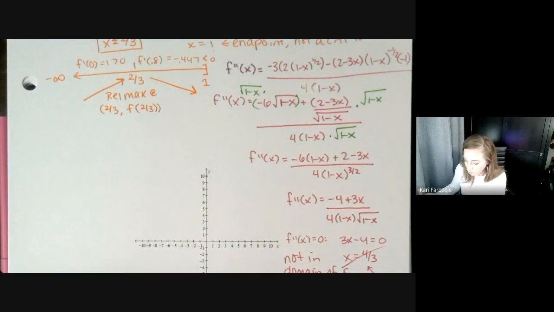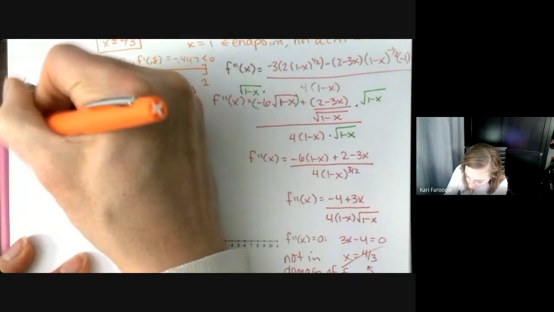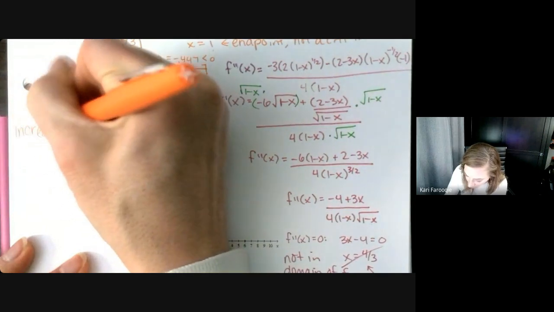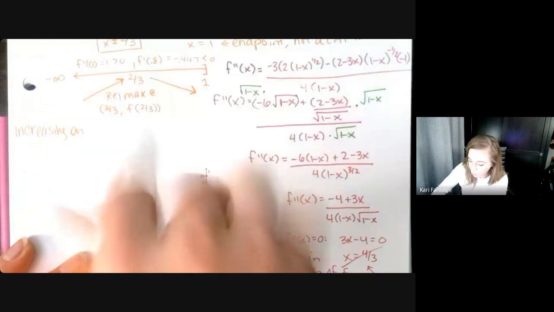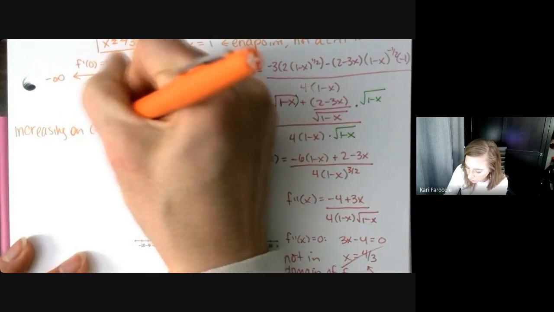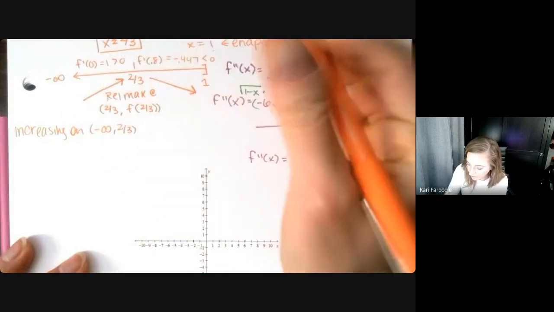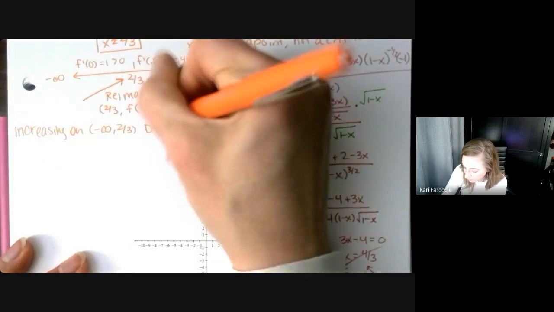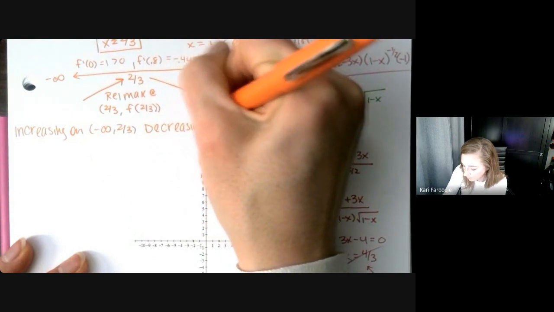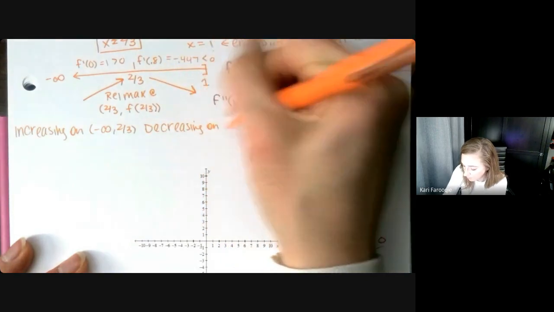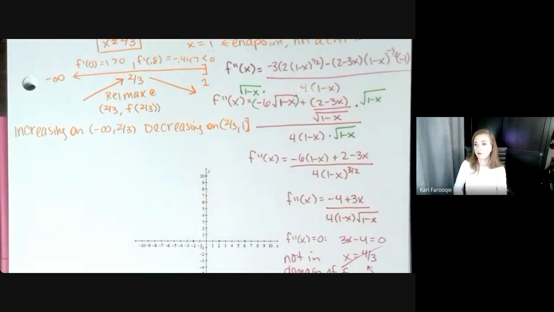As far as f prime was concerned, I had that the function was increasing on the interval from -∞ to 2/3 and decreasing on the interval from 2/3 to 1. So it doesn't happen for very long. And I know 1, I should have probably even left it open just because you can't really be decreasing at an endpoint.